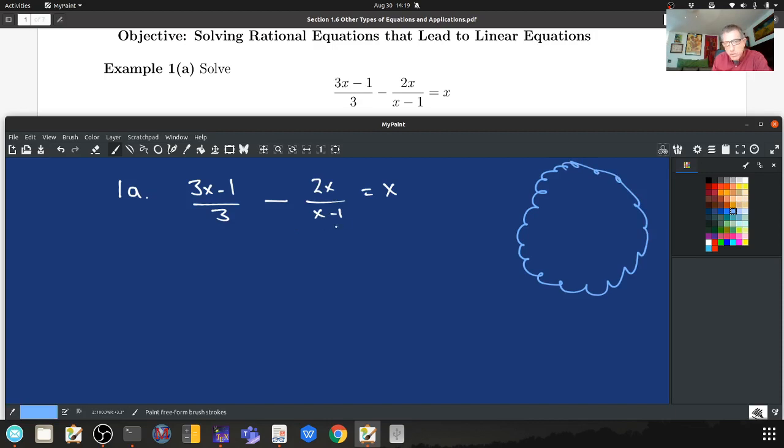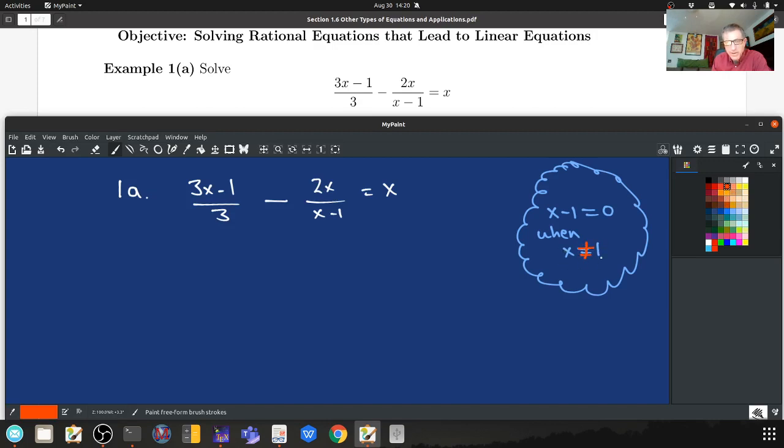And you only have to worry about the denominators that are polynomials with a variable term. So x minus 1 is equal to 0 when we just solve for x, when x is equal to 1. So what we just learned is that we cannot have x equal to 1.